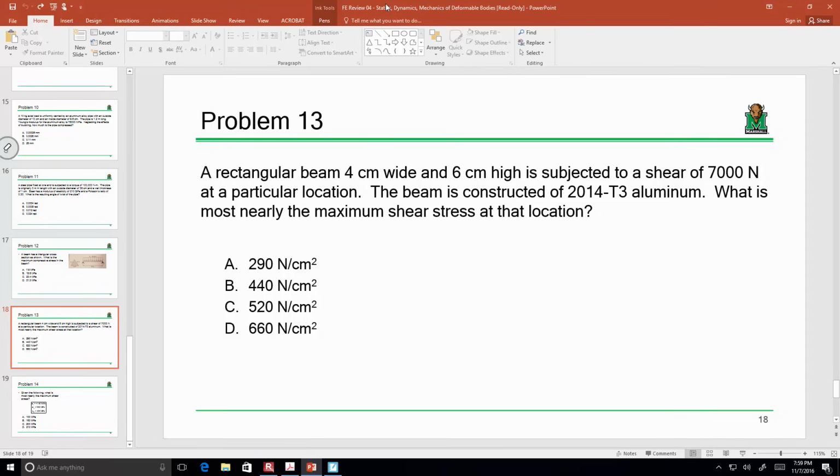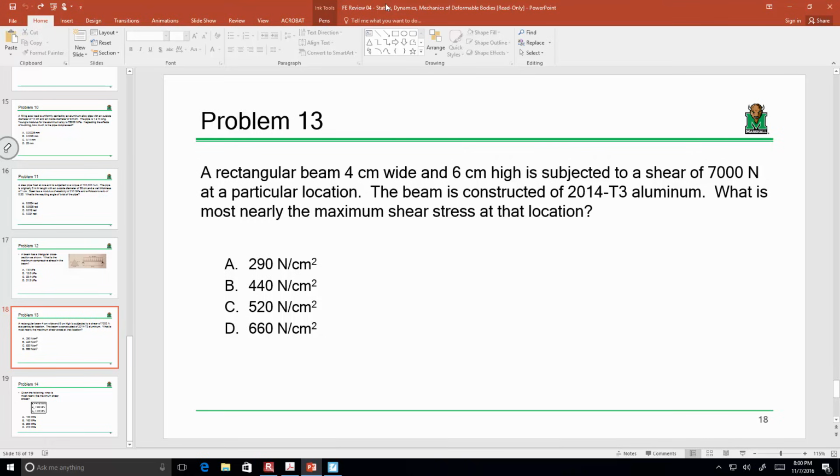A rectangular beam that's 4 centimeters wide by 6 centimeters high is being subjected to a shear of 7,000 newtons. The beam is constructed of 2014-T3 aluminum. What is most nearly the maximum shear stress? All right. Does anybody remember how to determine the shear stress in a beam?